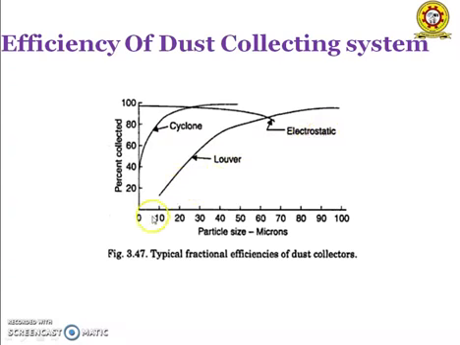The electrostatic precipitators remove dust particle sizes from 10 to 100 microns, whereas the other collector removes dust particle sizes from 0 to 70 microns, and the cyclone separators remove dust particles from 0 to 45 microns. So electrostatic precipitators remove more dust particles when compared to the others.